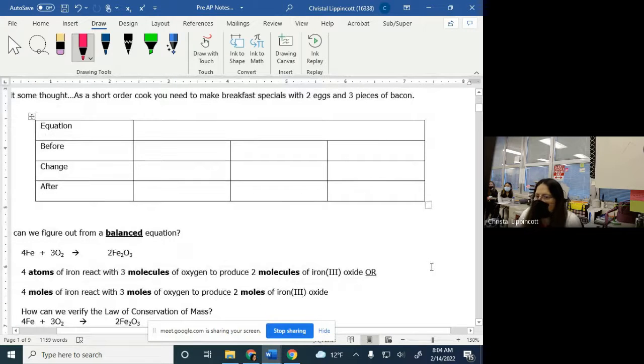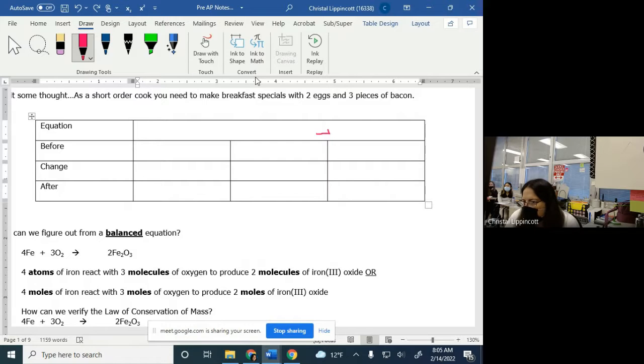All right. We have been tasked with making breakfast specials. One breakfast special is going to consist of 2 eggs and 3 pieces of bacon.